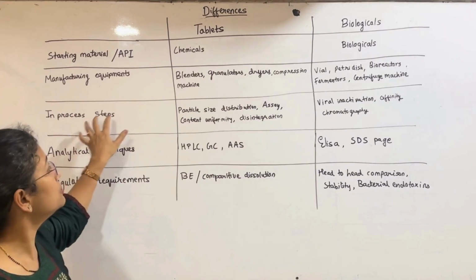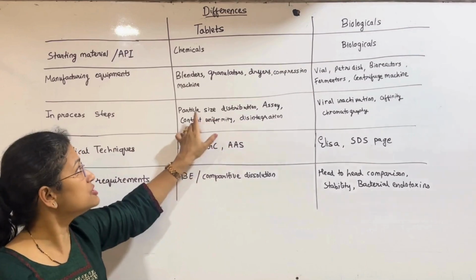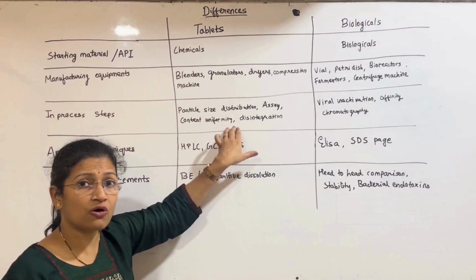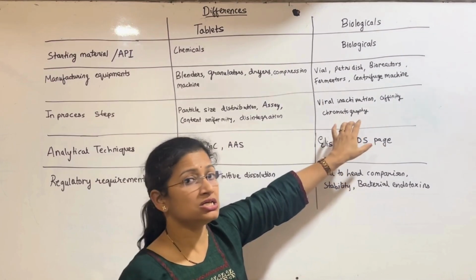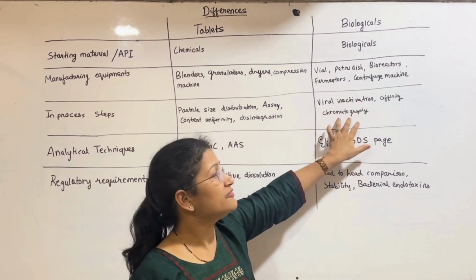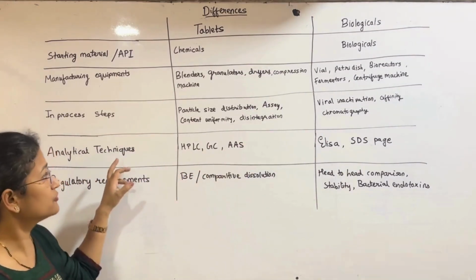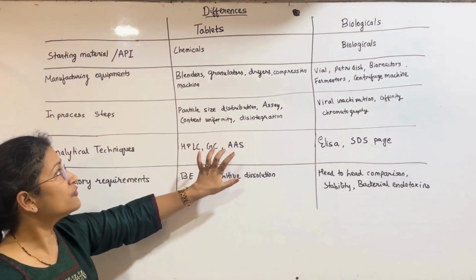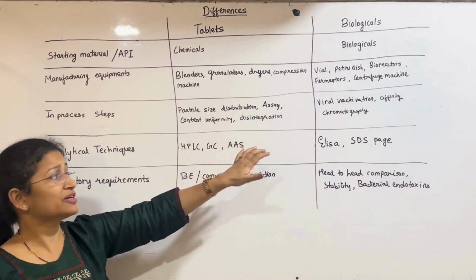When it comes to in-process steps, for tablets these are chemical analysis steps: particle size distribution, assay, content uniformity, disintegration. But for biologicals our focus is on viral inactivation, affinity chromatography and other types of chromatography. Analytical techniques generally used for tablets are HPLC, GC and atomic absorption spectroscopy.